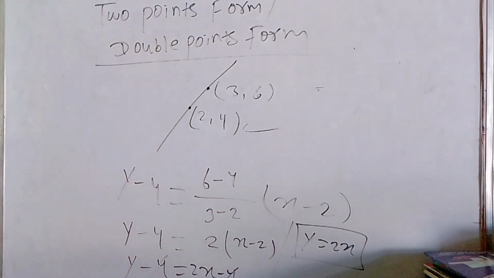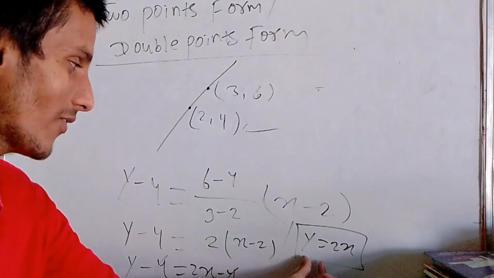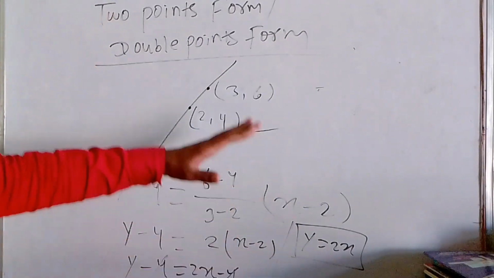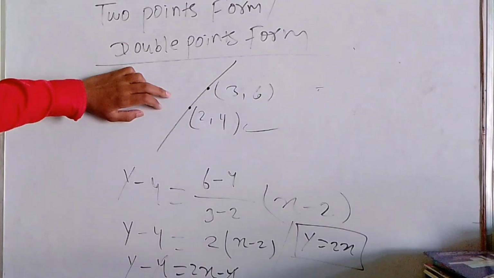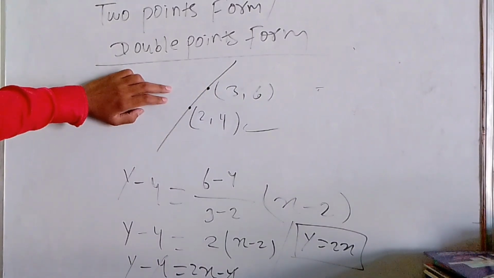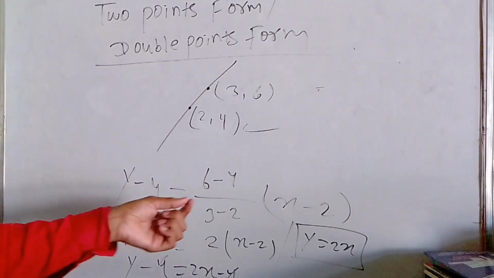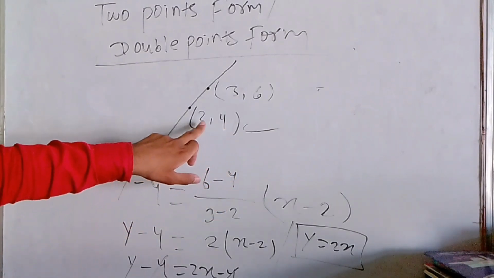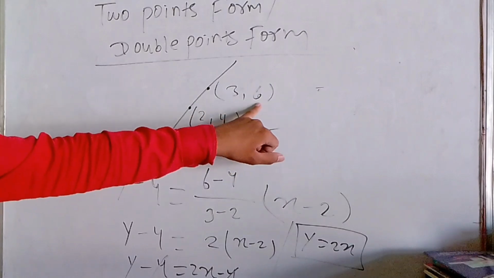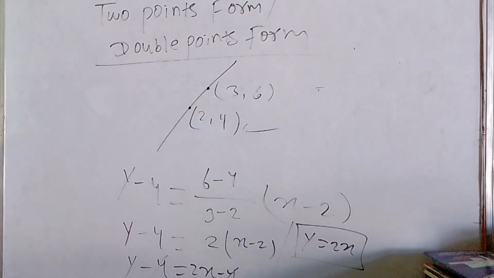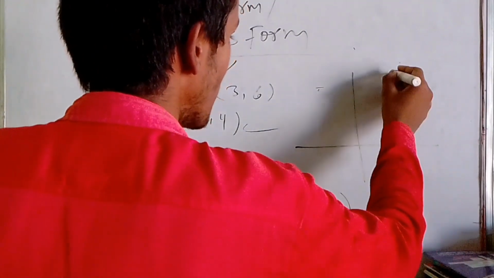It means what? The y value is twice the x value. This is also vividly shown here, okay? Very clearly, you can see that the y value is twice the x value, 2 times x. This is the equation of this kind of line, okay?